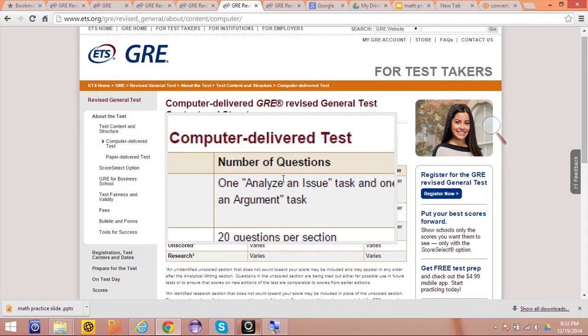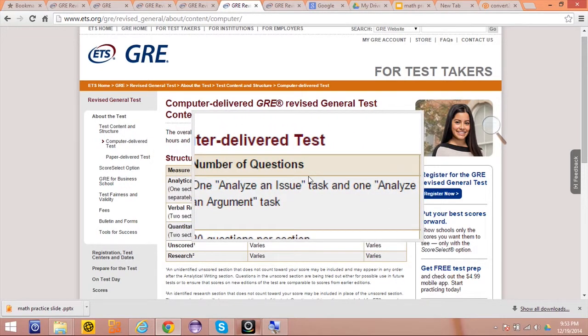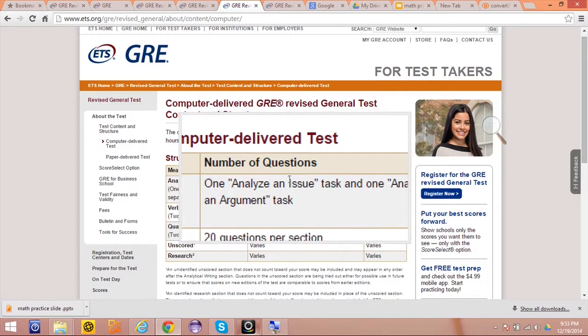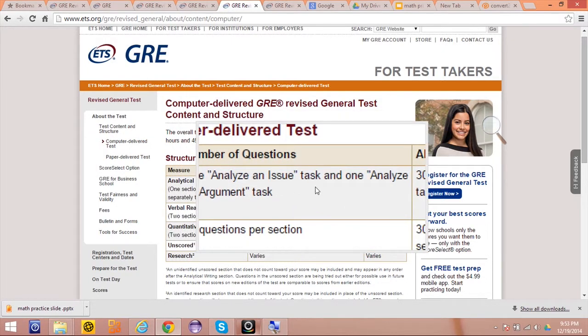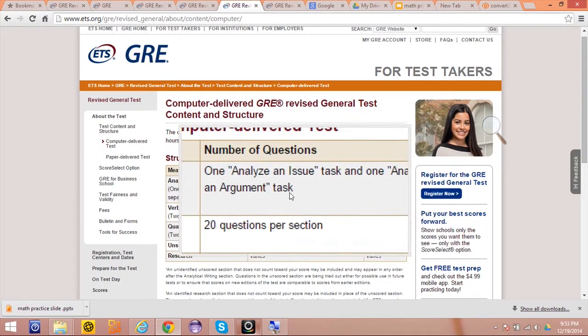For the analytical writing, you have one section where you have to analyze an issue and one where you have to analyze an argument.